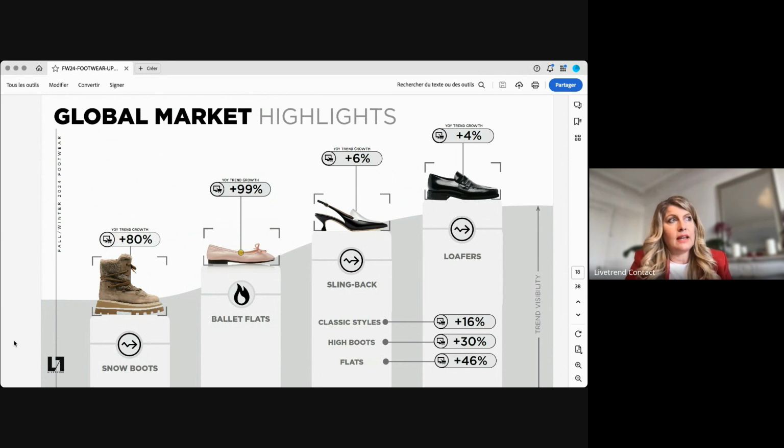I think you have seen through all these holiday and ski collections from several brands, from luxury even to mass market brands. So snow boot, it's definitely a new fashion piece to put in your collection, and it's going to be stable for the next seasons.